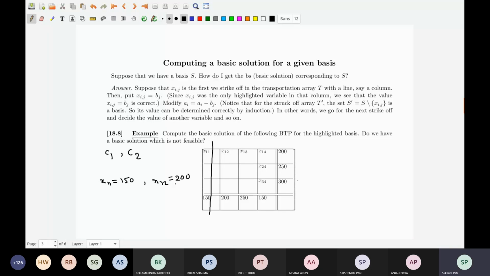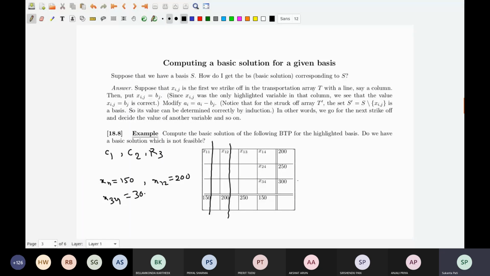Suppose after that I select row 3, then I am taking x34 equal to 300.